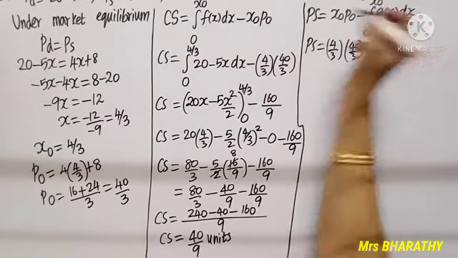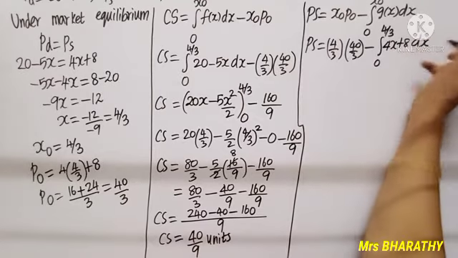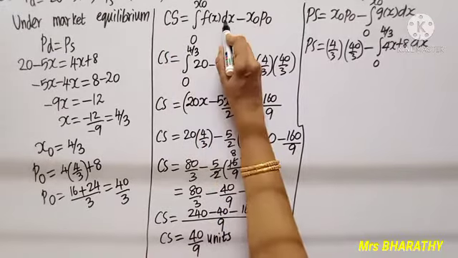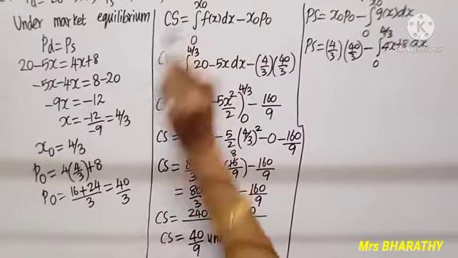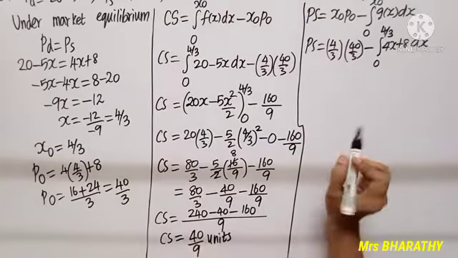G of x is the supply function, say 4x plus 8 dx. Do not confuse. For consumer surplus, use the demand function. For producer surplus, use the supply function.